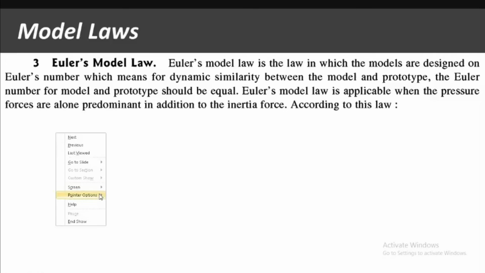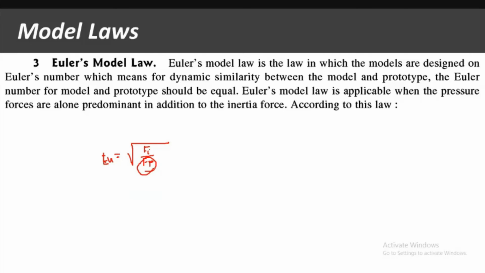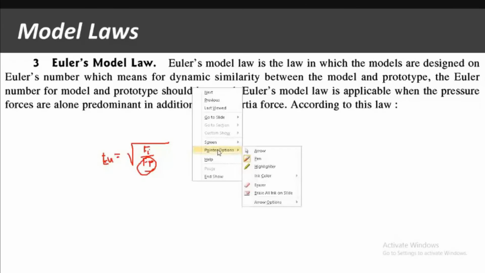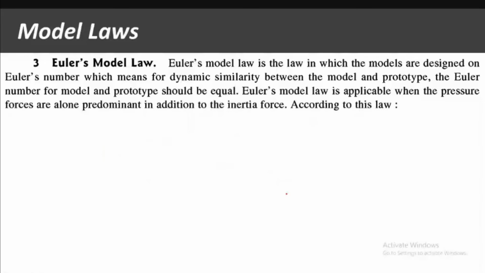We had defined Euler's number as the square root of the ratio of inertia force to pressure force. So it applies to flows where the pressure force is playing a very important role, for example flow through pipes or flow through siphons, or whatever the transport of fluid. In such cases Euler's model law is applicable, and it simply states that the Euler's number of model and prototype should be equal.